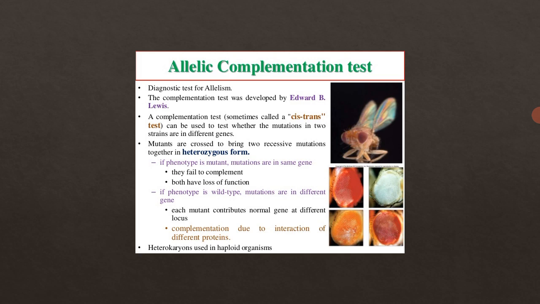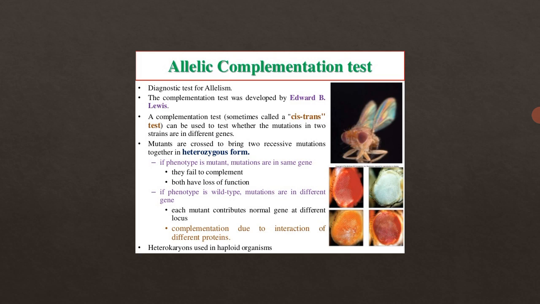If mutation X is present in gene A and mutation Y is present in gene B, then it will develop a product. That is complementation; they are complementing each other. Therefore, we use this genetic complementation test to determine whether the mutations are present in the same gene or in different genes of a cell.